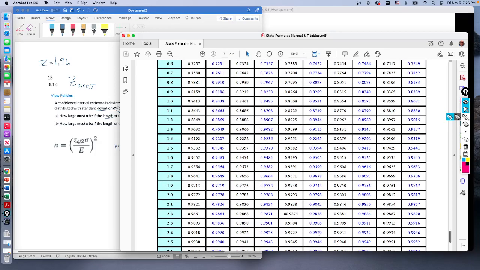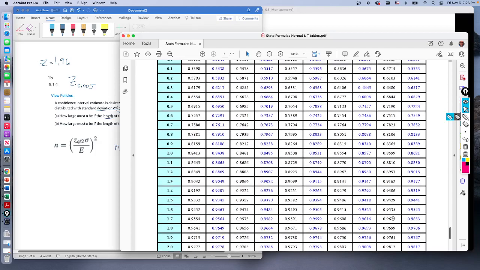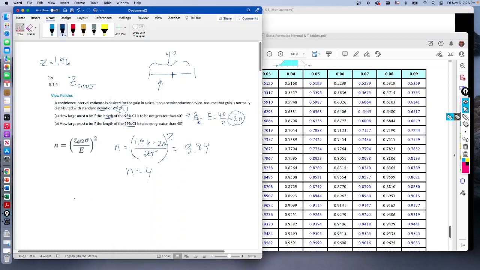In the table I see 9946, 9951, 9949. I think we want to be more this way, so that's 2.58, I think. Could be 2.57, 2.58. I think we want to be more conservative, so we go a little bit higher, 2.58.